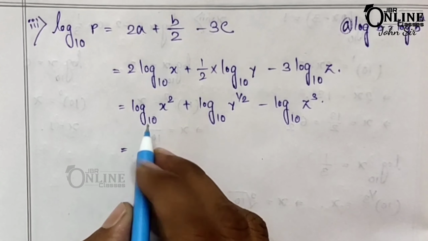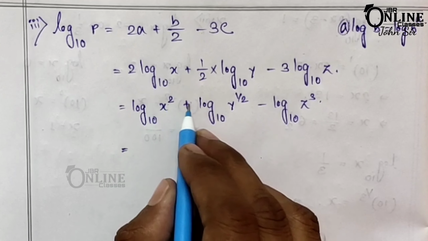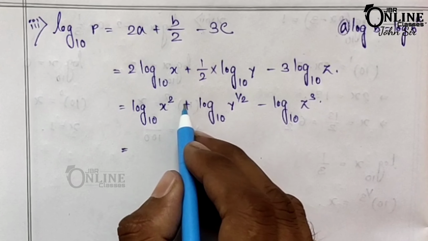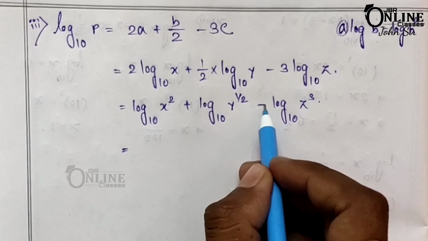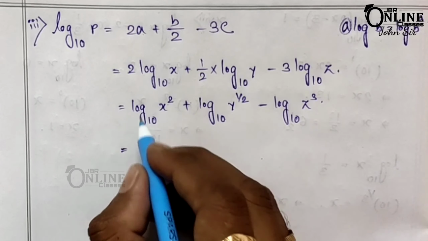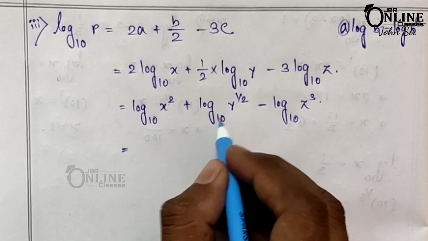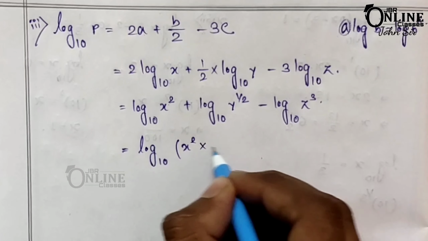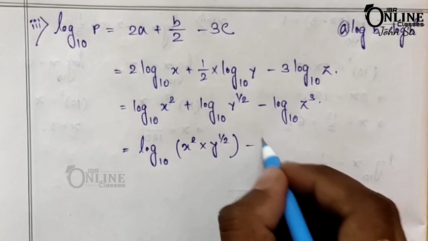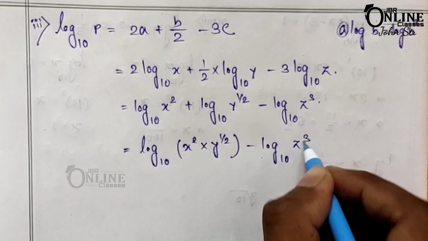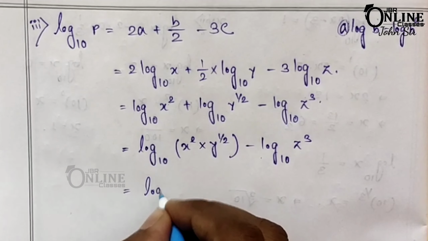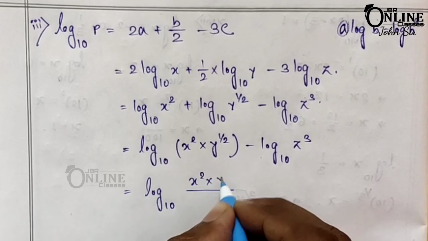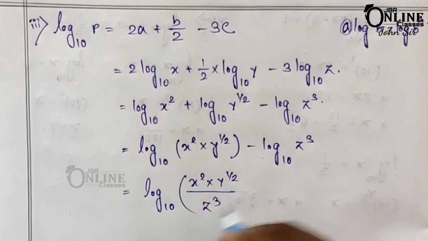Now all: log 10 x square plus log 10 y half minus log 10 z cube. In log, plus means multiply and minus means divide. So log 10 x square plus log 10 y half you can write as log 10 x square into y to the power half, minus log 10 z to the power cube, and again log 10 of this one divided by this one: x square into y to the power half by z to the power cube.